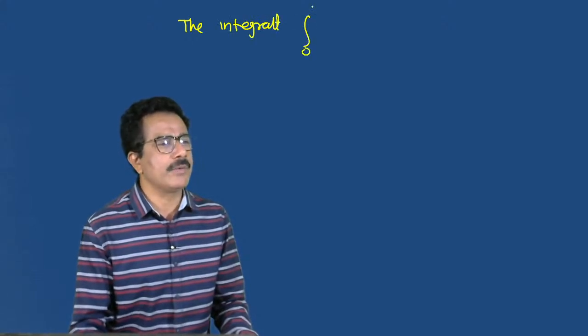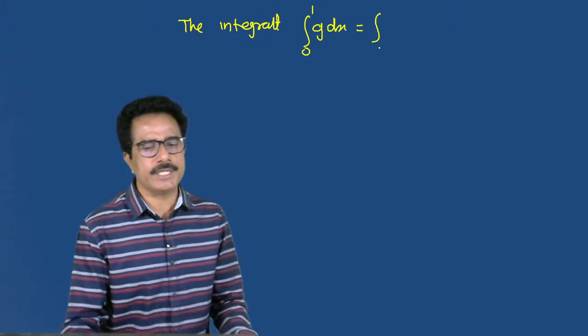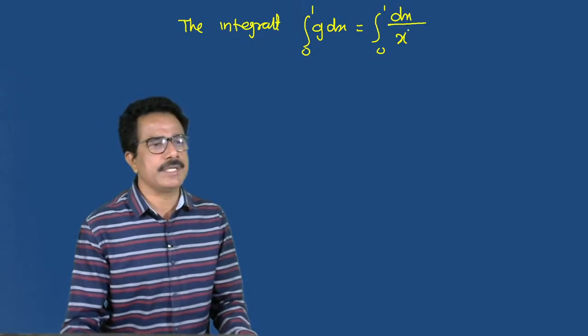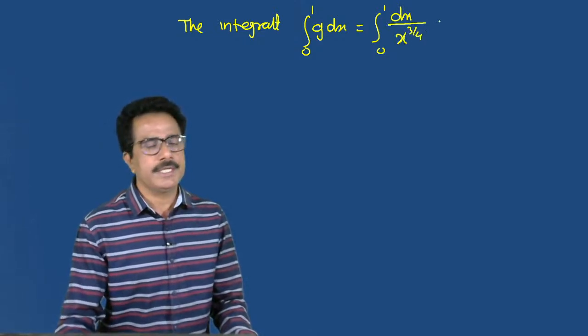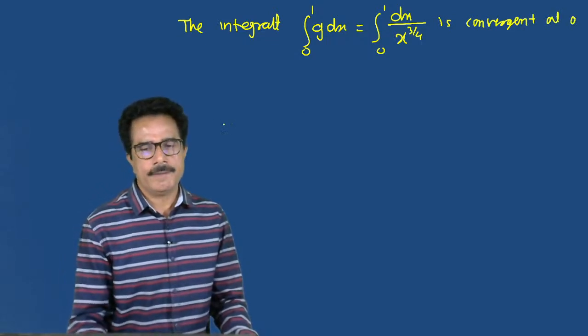The integral from 0 to 1 g dx, which is equal to integral from 0 to 1 dx divided by x raised to 3 by 4, is convergent at 0.